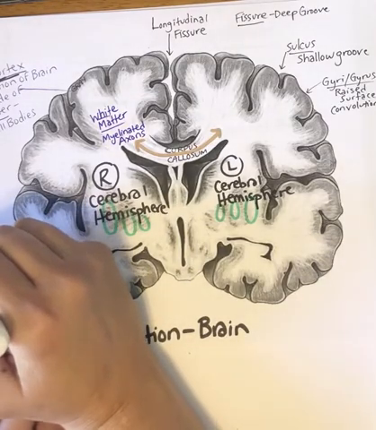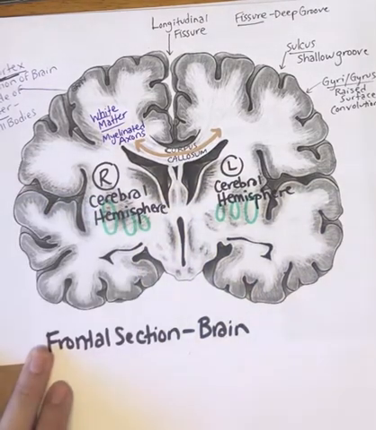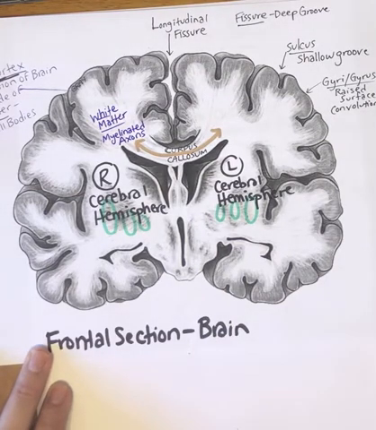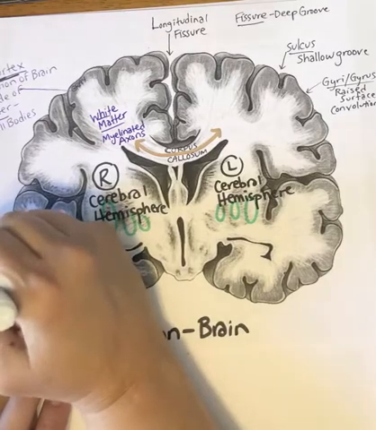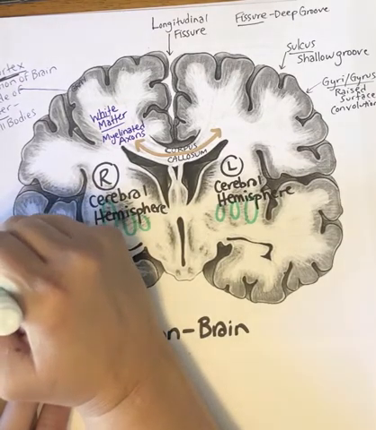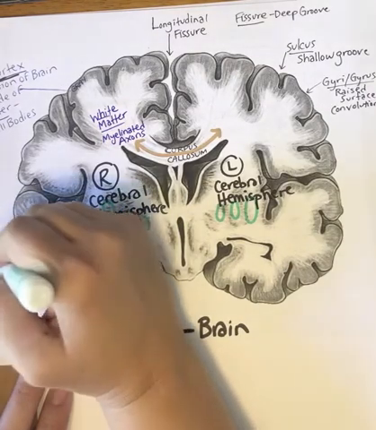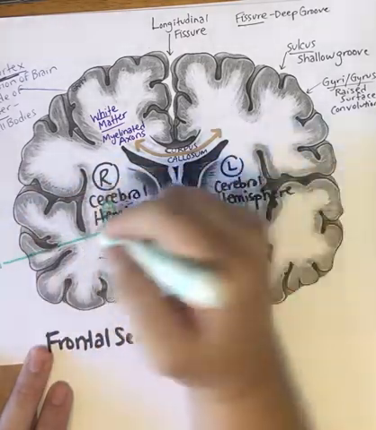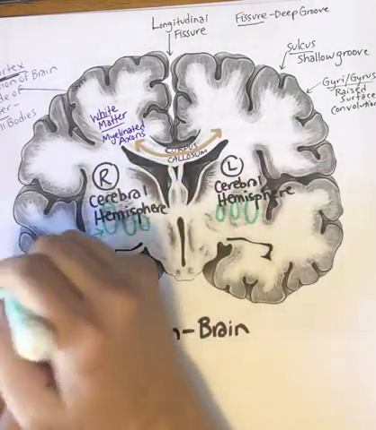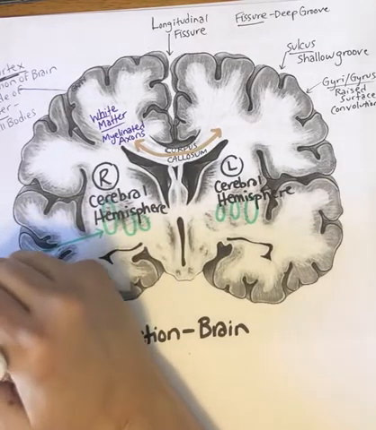They used to be called ganglia, but they changed the word to nuclei because that is the word associated with the CNS. There are 3 on either side. Again, these are deep in the cerebrum.